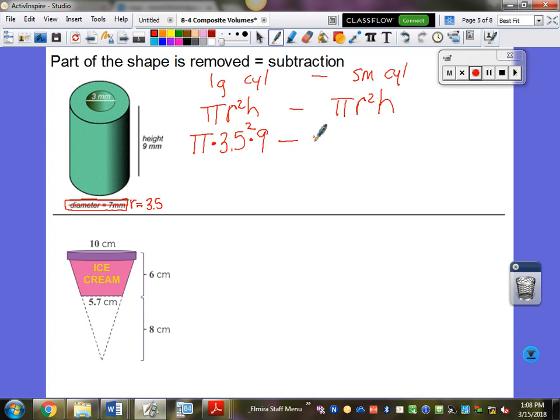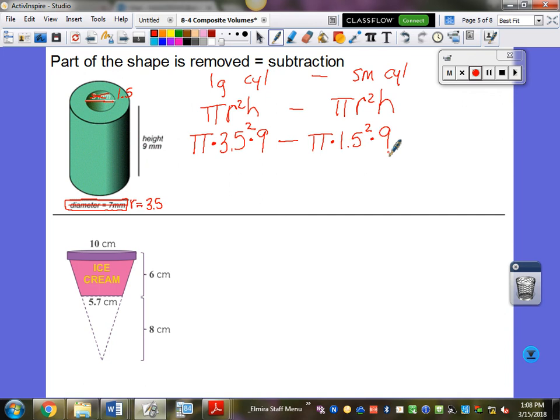Okay, subtracting off the small cylinder times pi times, it's kind of hard to see in the diagram, but it's 3 centimeters, but that's a diameter. I don't want a diameter. I want 1.5 for the radius, half of 3. Now, the height of the small cylinder is the same as the height of the large cylinder. It's just a piece taken out.